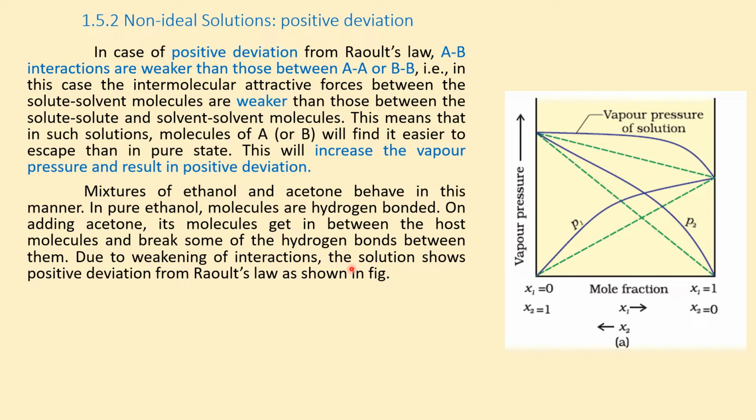In pure ethanol, molecules are hydrogen bonded. On adding acetone, its molecules get in between the host molecules and break some of the hydrogen bonds between them. Due to weakening of interactions, the solution shows positive deviation from Raoult's law as shown in the figure. This is the positive deviation.